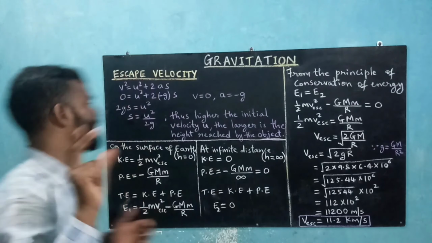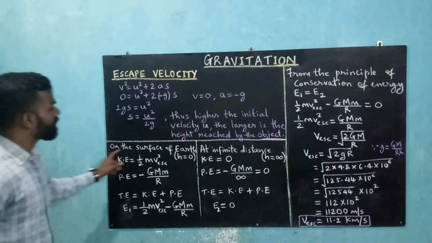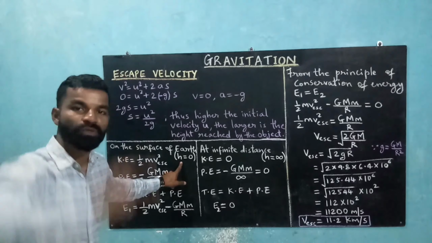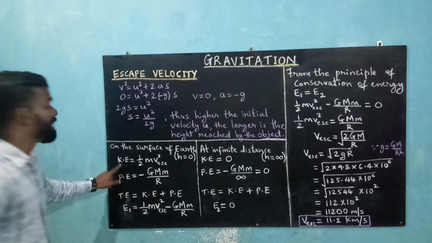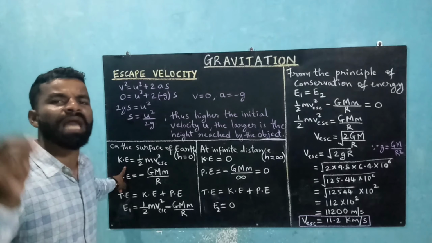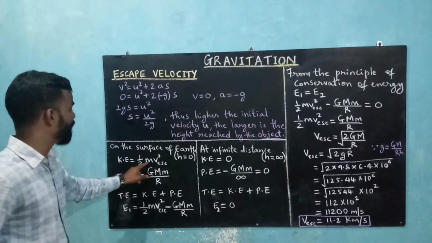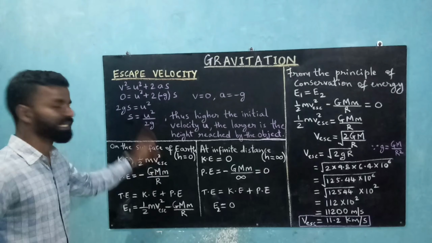So for any object of mass m on the surface of the earth, h will be equal to 0, height will be equal to 0 on the surface of the earth. The kinetic energy is given by the formula half mv square. So v over here is escape velocity, so half m v escape square.